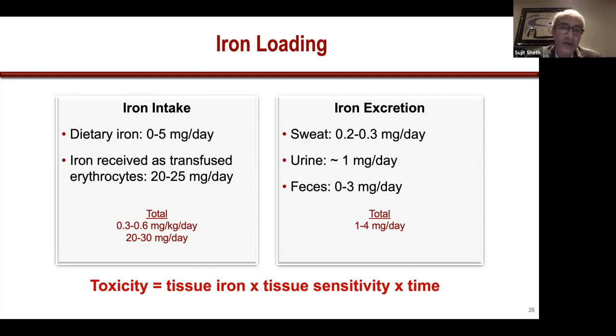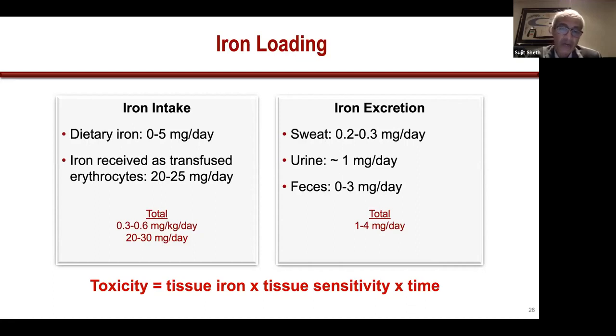So 1 to 2 milligrams of iron a day is what individuals without thalassemia would be getting into the system. Here you have about 20 to 30 times that amount of iron coming in on a daily basis. Iron excretion, however, remains the same because iron is excreted in the urine, in stools, as well as through sweat and epithelial shedding. And that remains about the same.